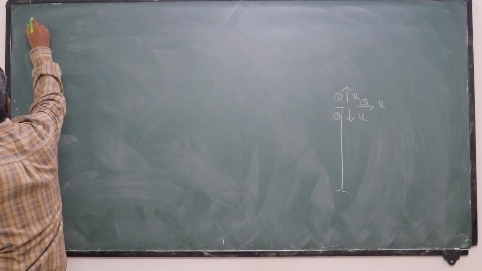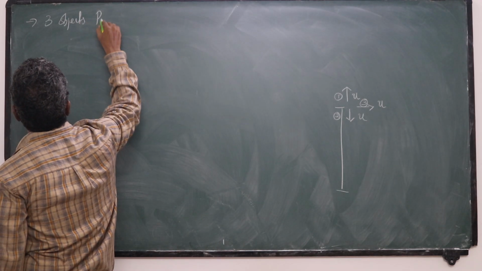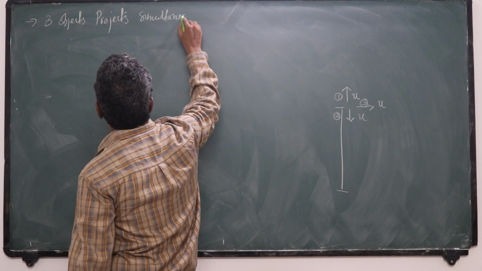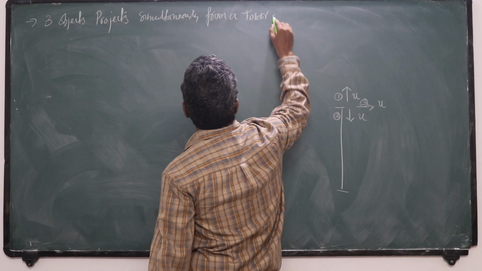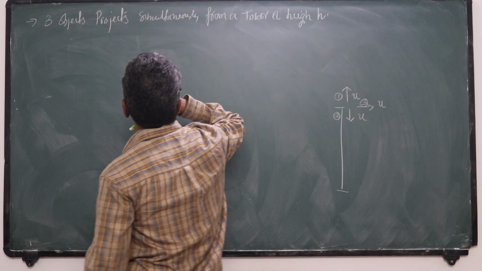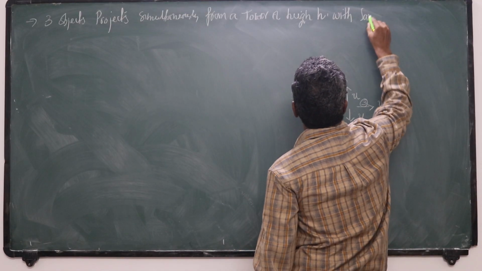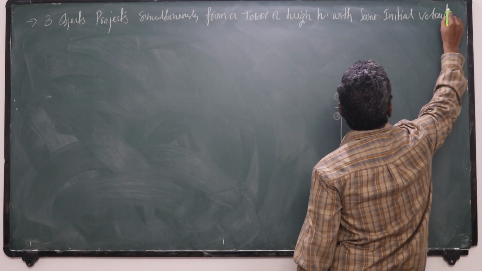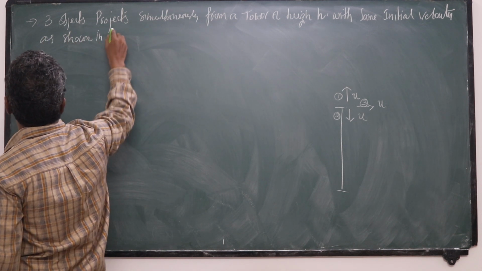So three objects are projected simultaneously from a tower of height h with the same initial velocity, as shown in the figure.